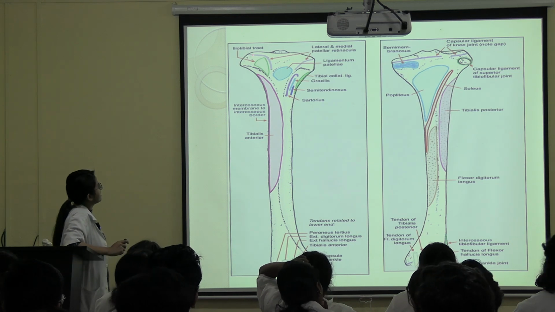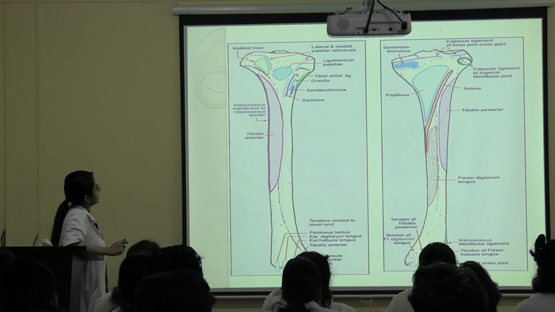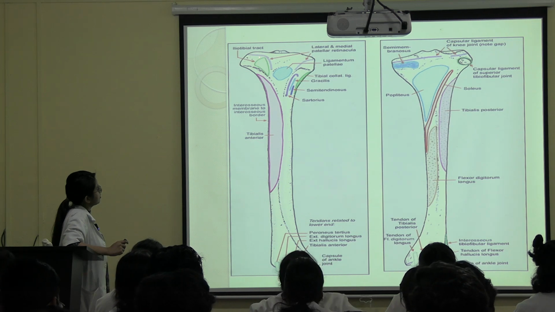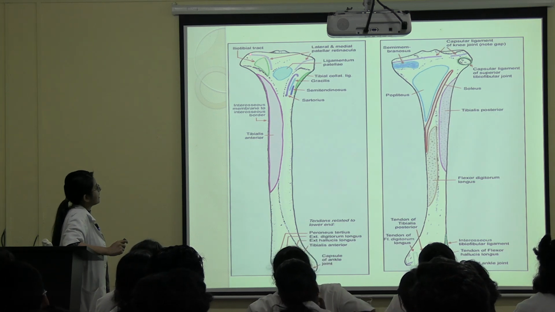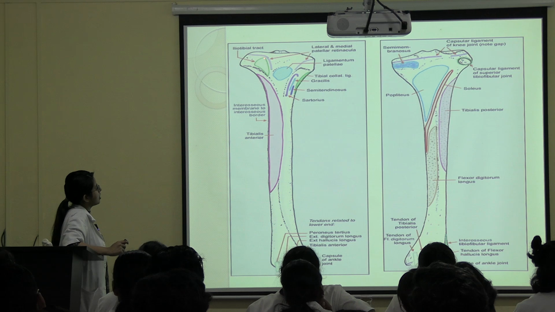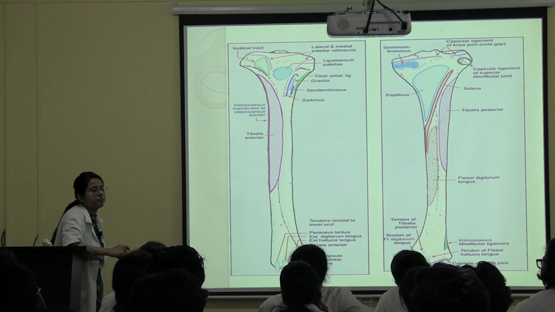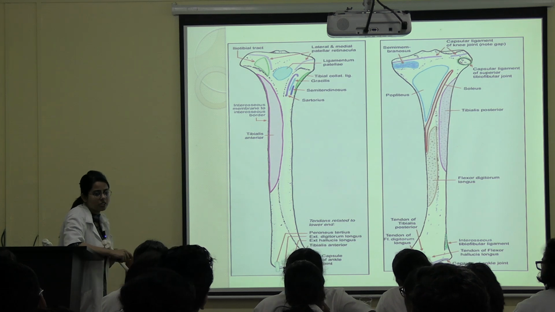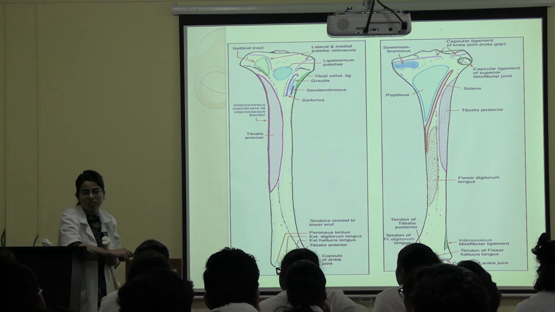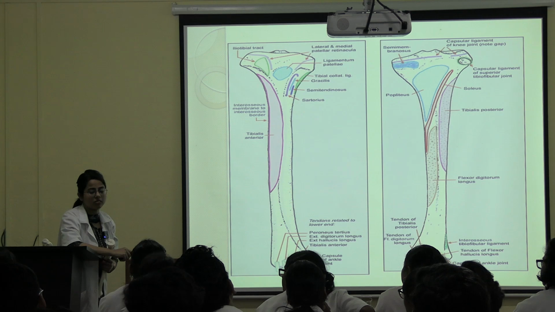Okay, and anteriorly, is this the lateral part or medial part? This one, lateral. So anteriorly and laterally it is called the lateral patellar retinaculum. What is the retinaculum? Superficial fascia or deep fascia? Deep fascia.